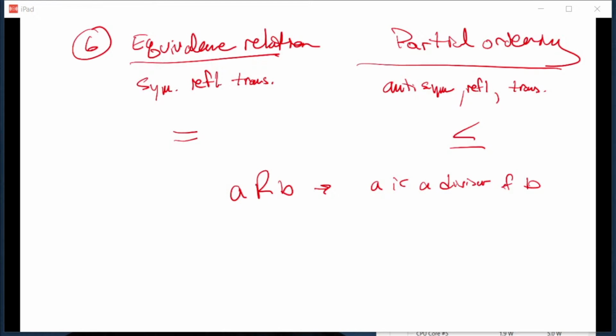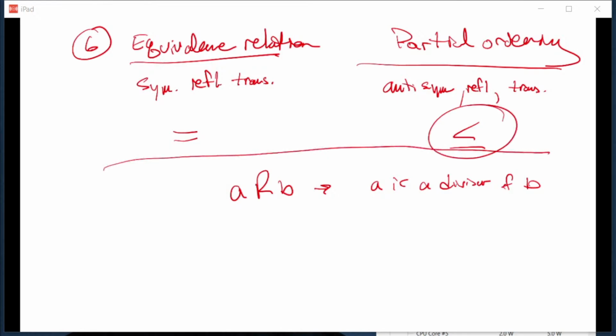But there are certain things like 3 and 4 that are not related to one another. 3 is not a divisor of 4, and 4 is not a divisor of 3. That's unlike this, and it's still a partial ordering. So you don't have to have a complete ordering like you would with the less than or equal to.